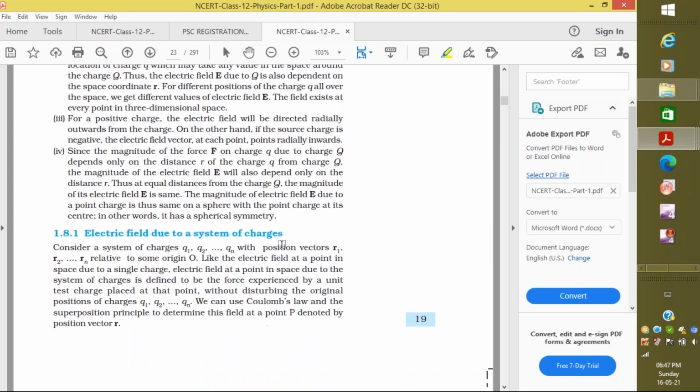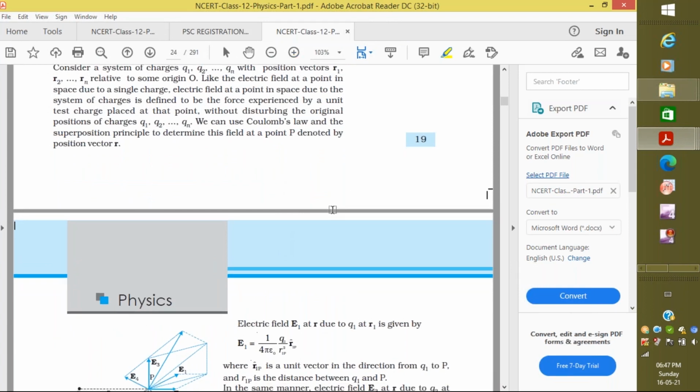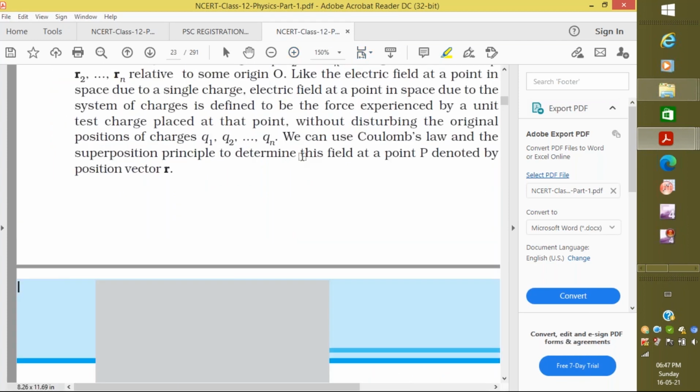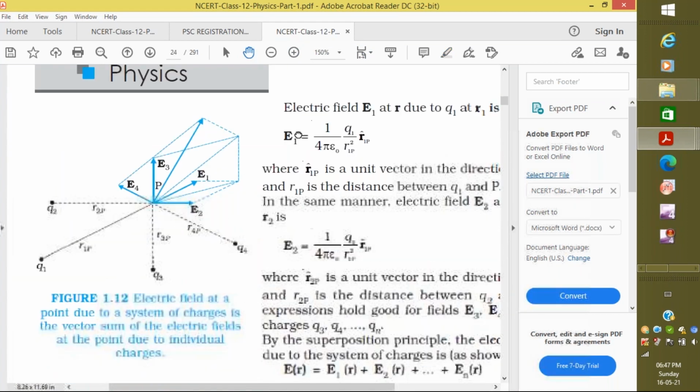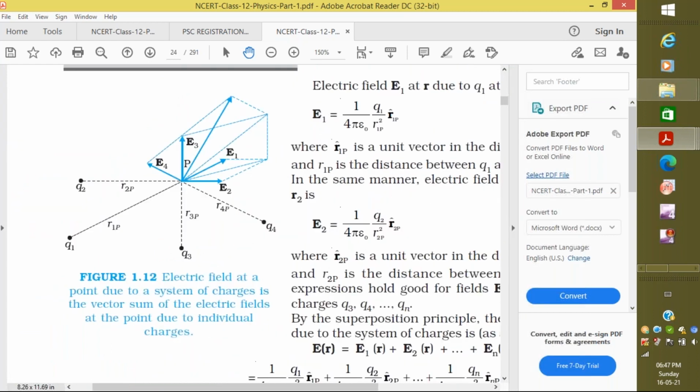Now we'll see. We have seen only for one charge. But what about multiple charges? So see, with multiple charges, how do we calculate the electric field? That is also very simple. It is the superposition principle.